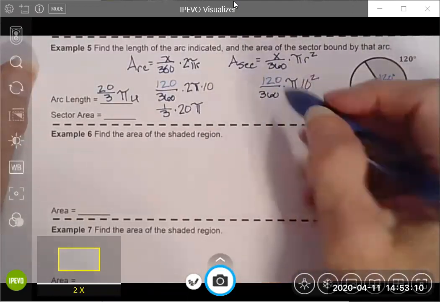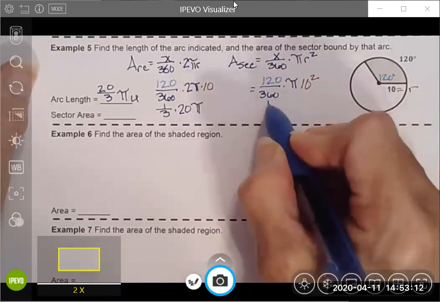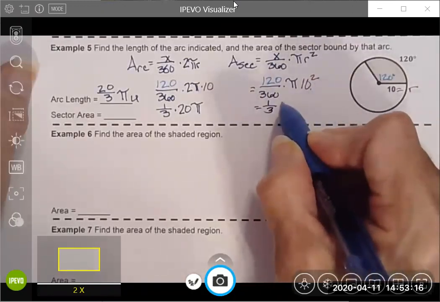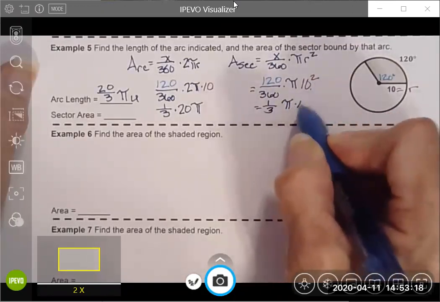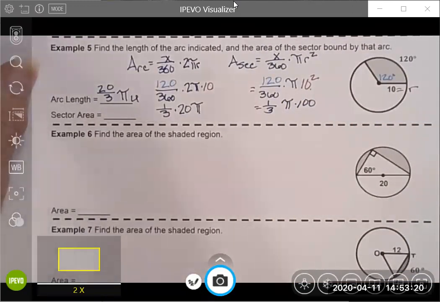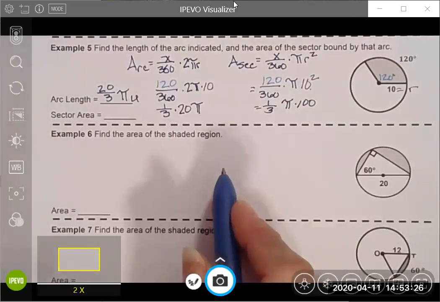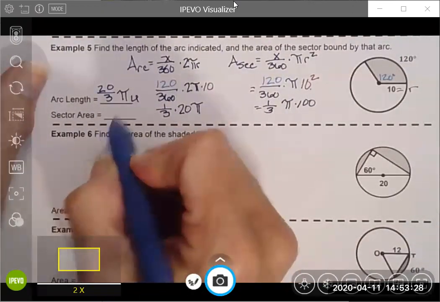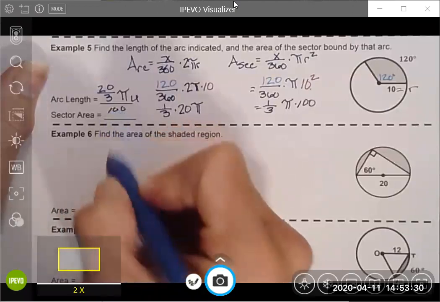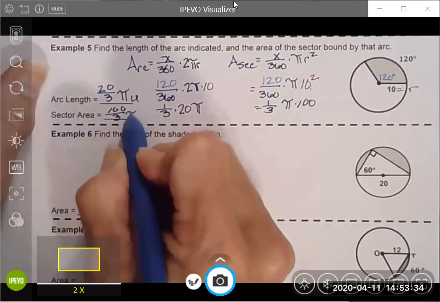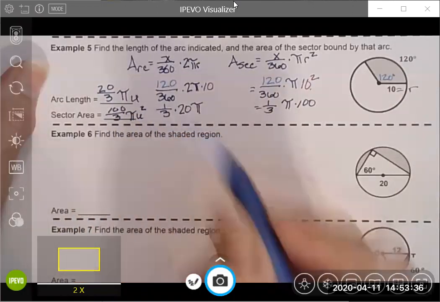This simplifies to 1/3, and 10 squared simplifies to 100. And again, I can't simplify 100 over 3 any further. Fractions are the most precise of our measures, so I'm going to leave this as a fraction and call it 100 over 3 pi units squared.